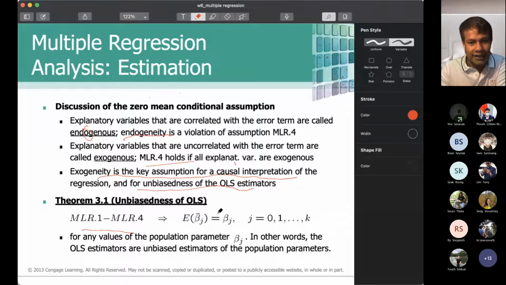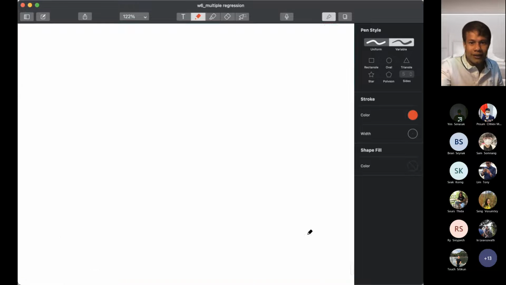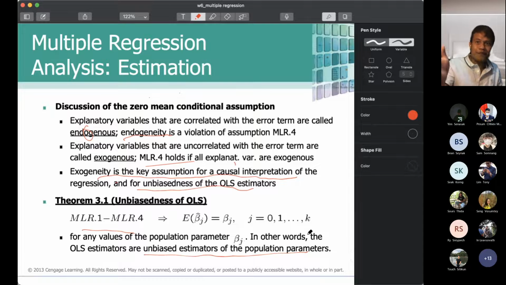For any value of the population parameter, in other words, the OLS estimates are unbiased estimators of the population parameter. Same rule, same assumption. Any questions? Any question, class? No question yet.